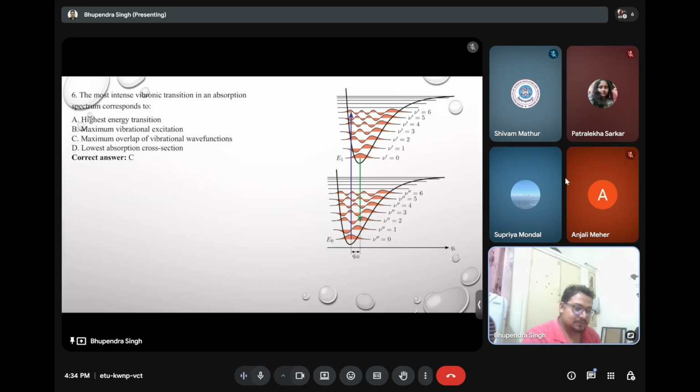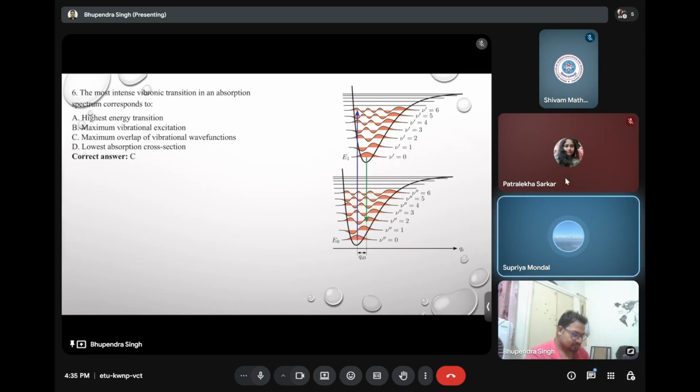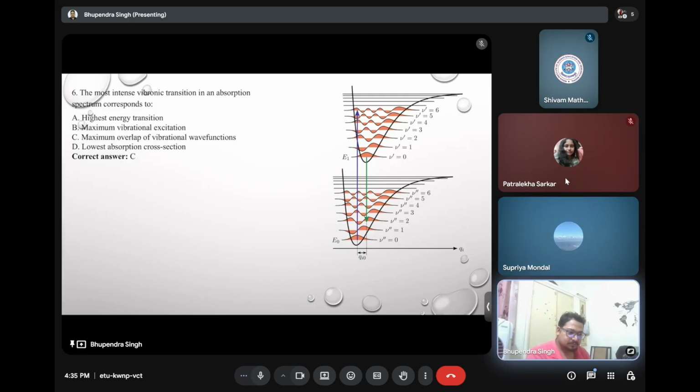Tell me, what is the principle behind this? What does this Franck-Condon say? Nuclear vibration, or the nuclear position?